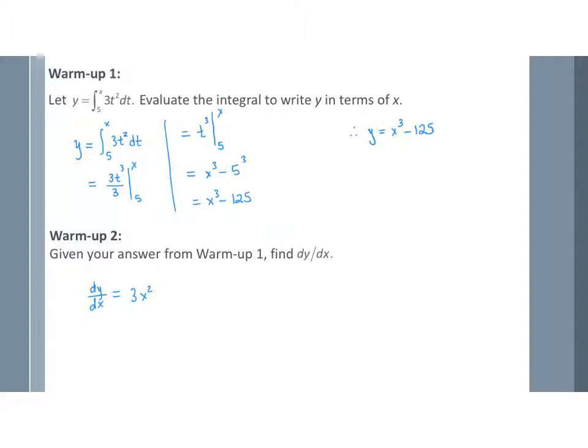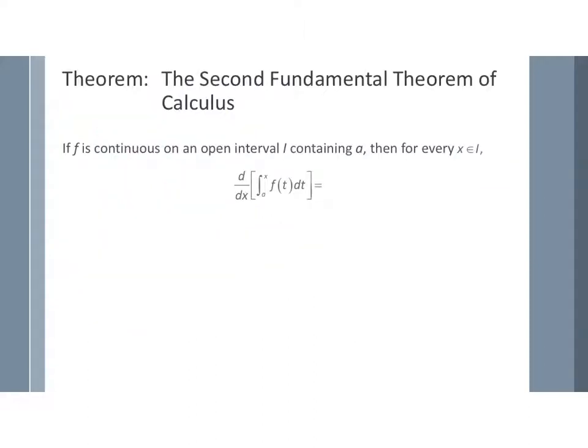T is just standing in the place of whatever comes next after we evaluate our definite integral. The point being here is, if we look at this integrand and then we look at what we arrive at after taking the derivative, it's almost as though the definite integral is undone by the derivative.